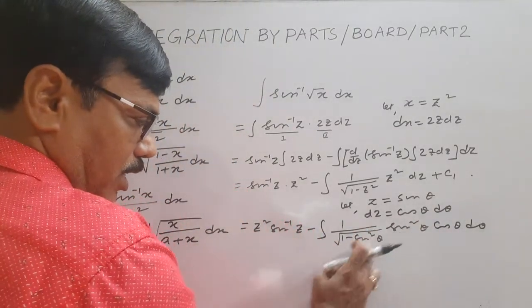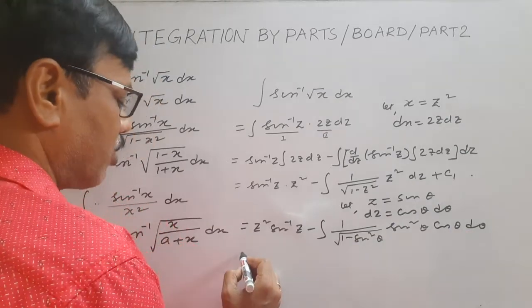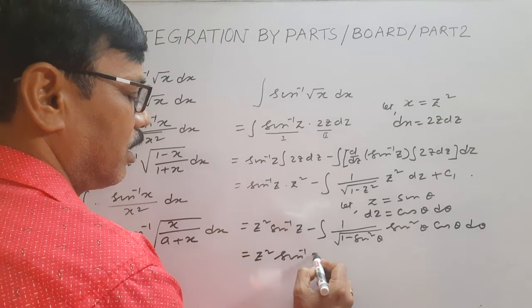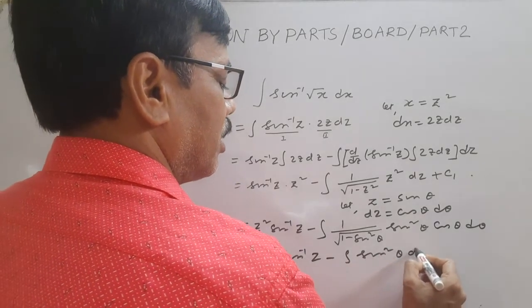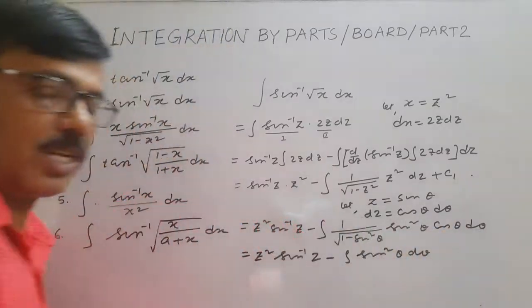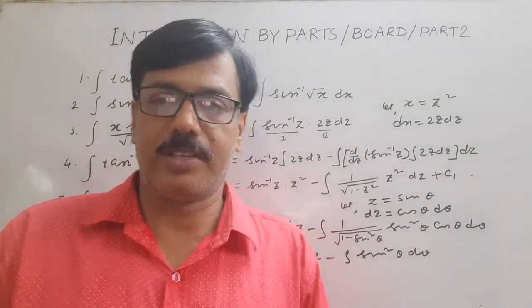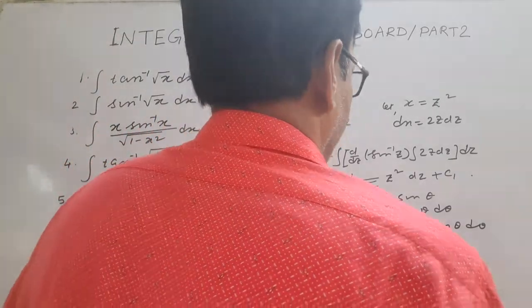So 1 minus sin square theta is cos square, root over it is cos theta, so this and this are cancelled out. So finally we are getting integral of sin square theta d theta, because cos theta and root over 1 minus sin square theta are cancelled out, plus c1.